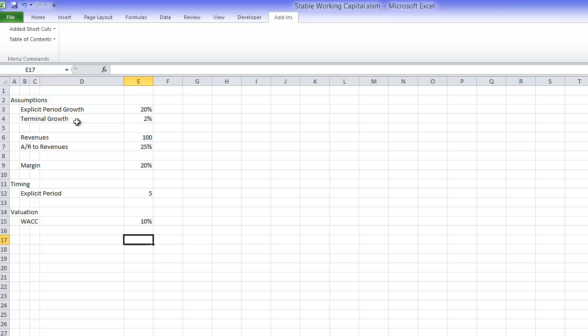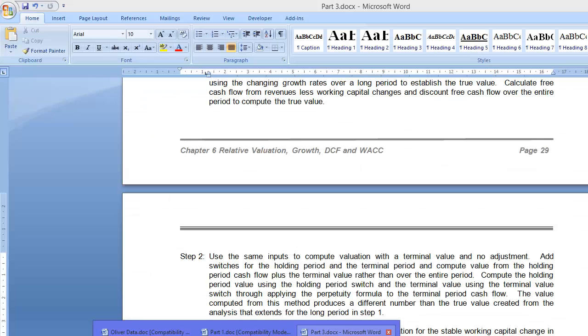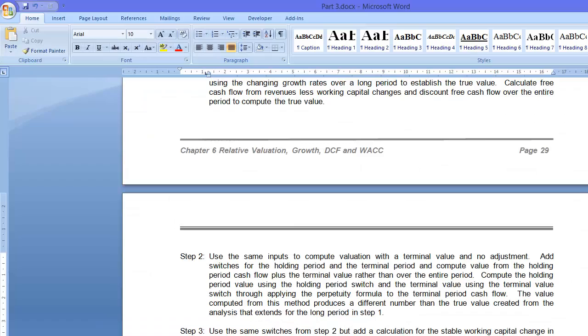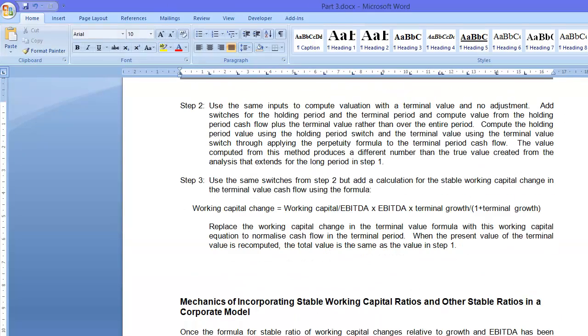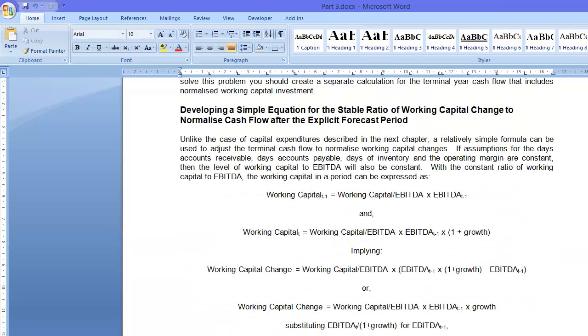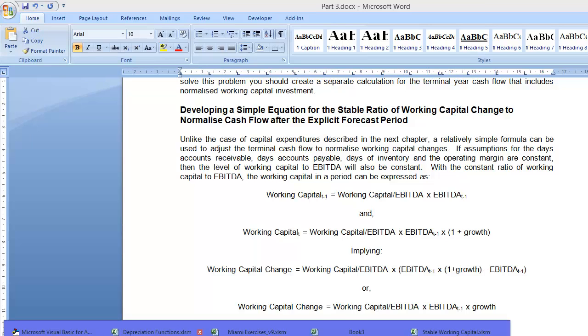Now, what we're going to do is show you the problems if you don't make an adjustment in the terminal value, in the terminal calculation, and you don't use this formula. I'm going to highlight this formula again and again.